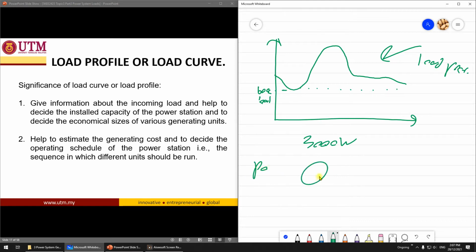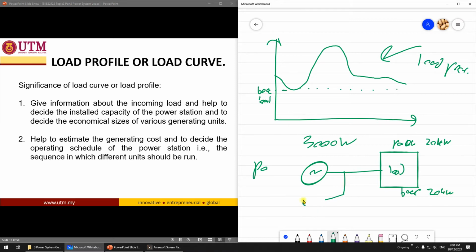You have a power station here, something like this, then you have a load. The load has, for example, a peak of 20 kilowatt, and you have a base of 20 kilowatt.